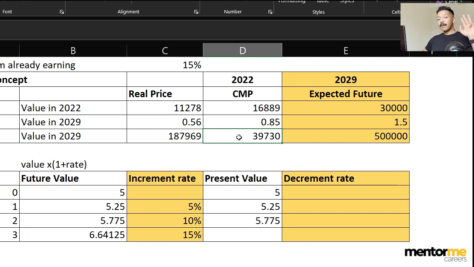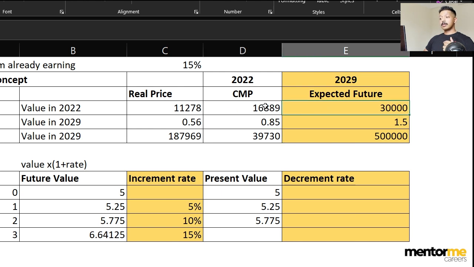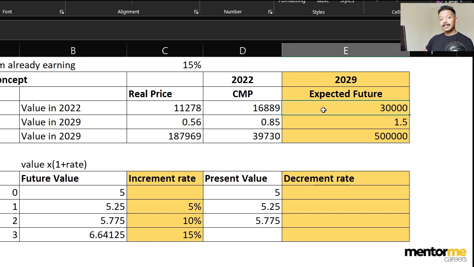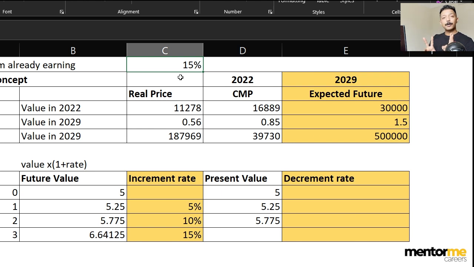Now there are three factors you need to be very careful about, and these are the places where people tend to overestimate or underestimate. The current market price is true, so we don't have to worry about that. But the future expectation is also an assumption. How many years between you are trying to find out the present value is the third factor.